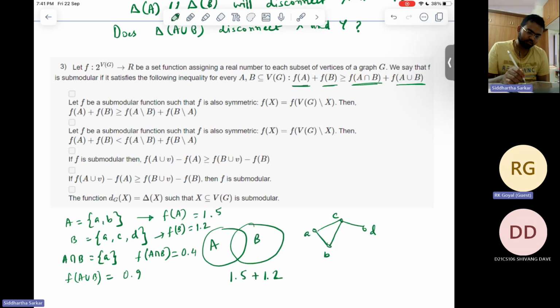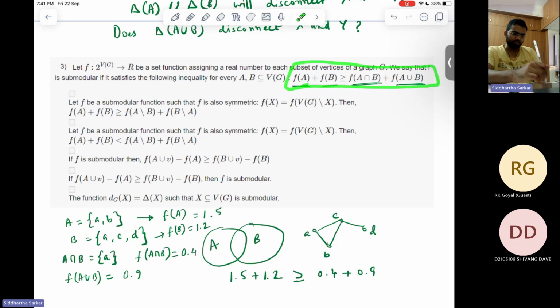It has to be greater than 0.4 plus 0. As long as this is true, we don't mind. But it has to be true. This inequality needs to be true for every pair A comma B.